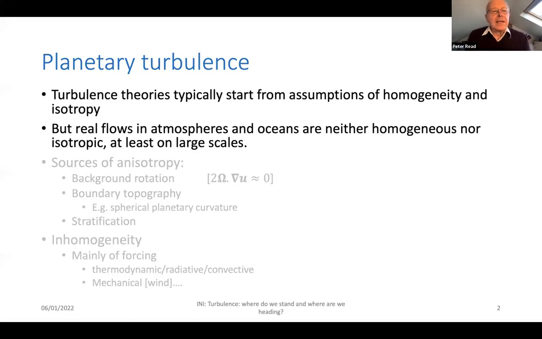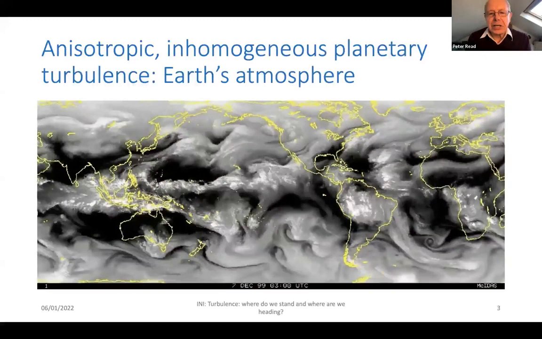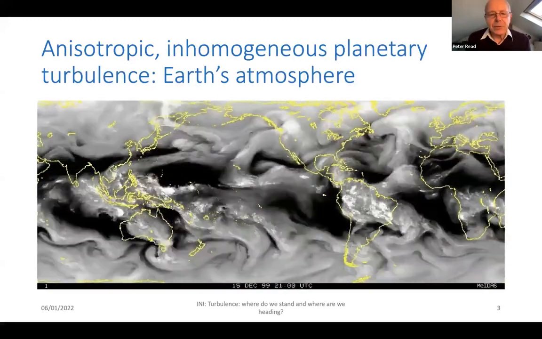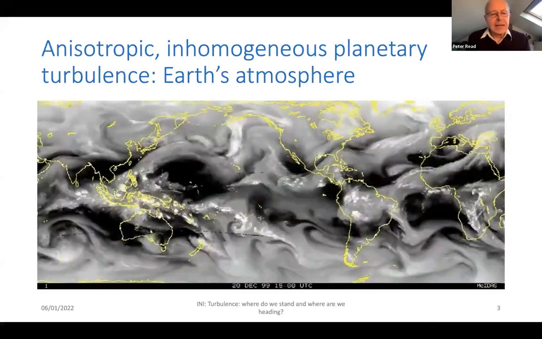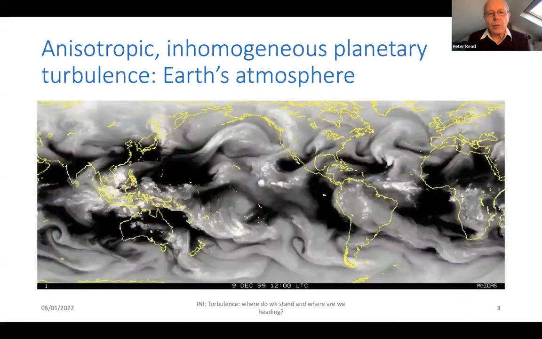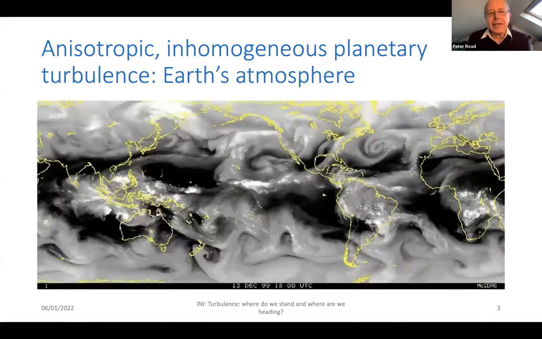So as I say, typically turbulence theories historically have started from assumptions of homogeneity and isotropy, but you don't need to look very far to see that real flows in atmospheres and oceans are neither homogeneous nor isotropic, at least on large scales, and we can illustrate this very easily. Here's a nice animation of images from satellites, essentially. These are looking in the infrared in the water vapor channel where the atmosphere is not completely transparent.